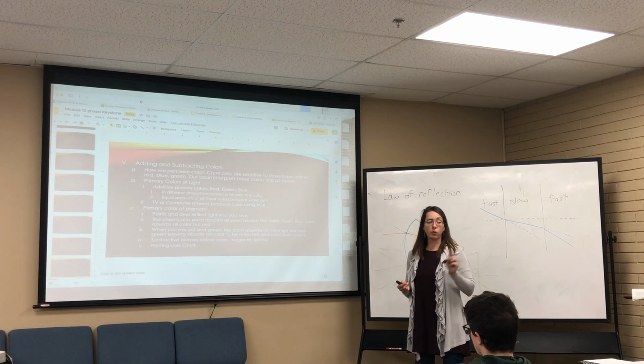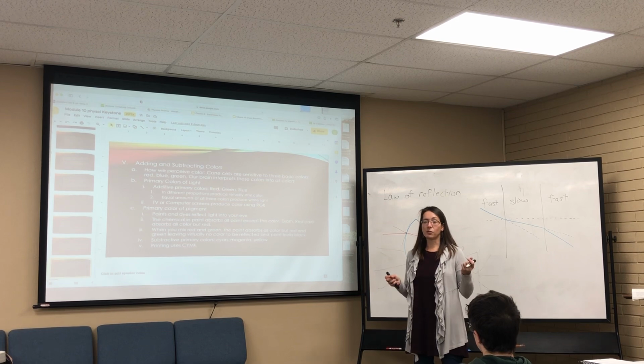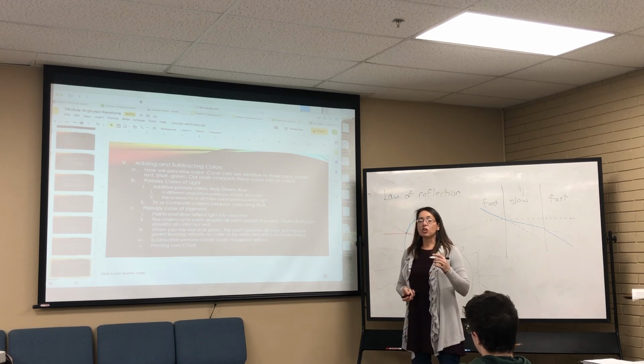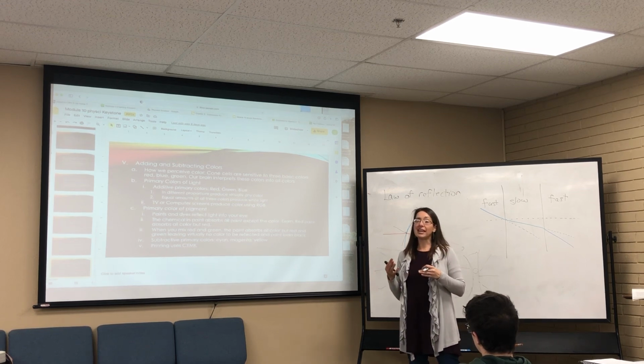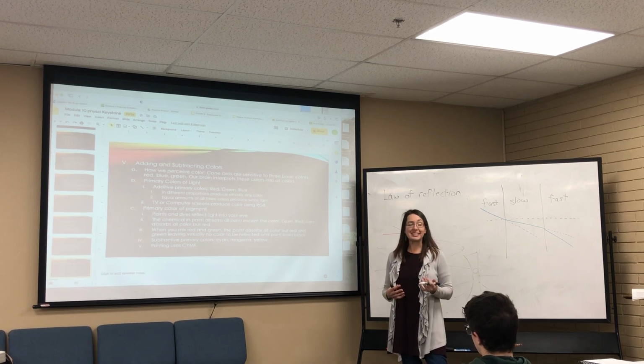Are any of the boys in here colorblind? I ask boys because it is significantly more prevalent in men than it is in women. Okay, so people who are colorblind, my grandpa's colorblind. And so when you're colorblind, they call it color blindness. You're not really blind, as in you can't see something.